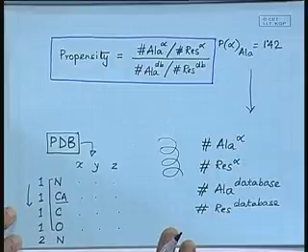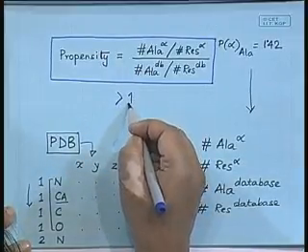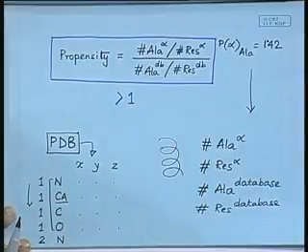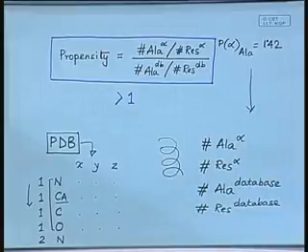If this number is greater than 1, because you have to remember that you are looking at a large sequence, a polypeptide sequence of a large set of proteins. You want to know whether alanine is preferred in helices. What do I mean by that?